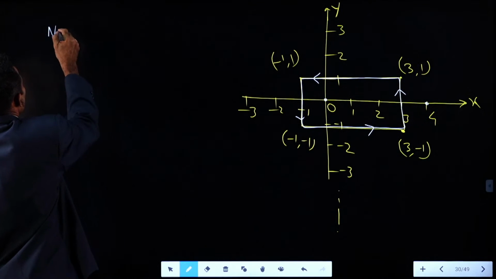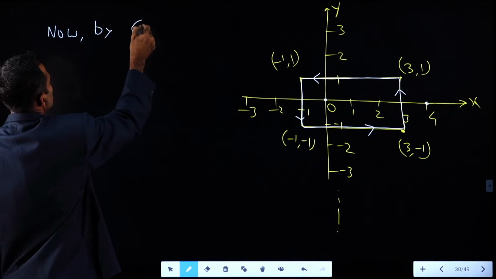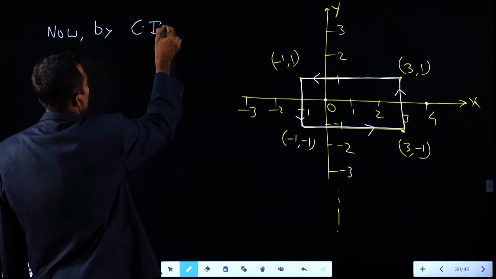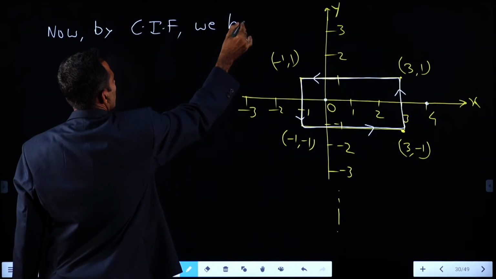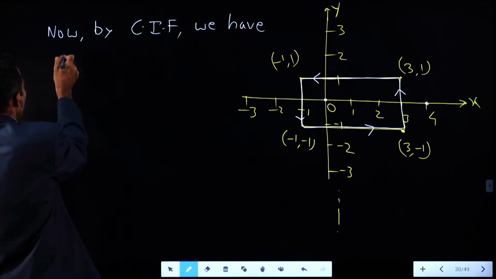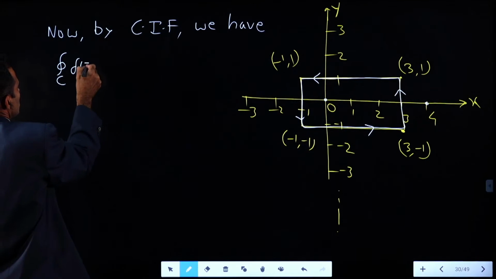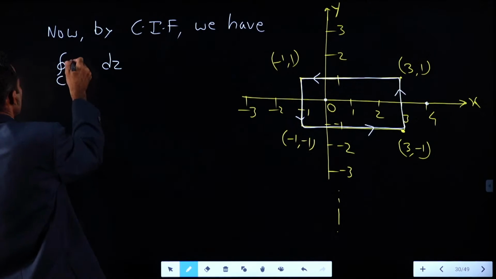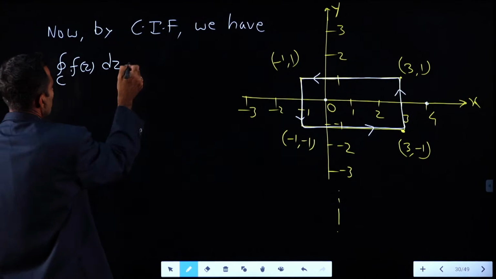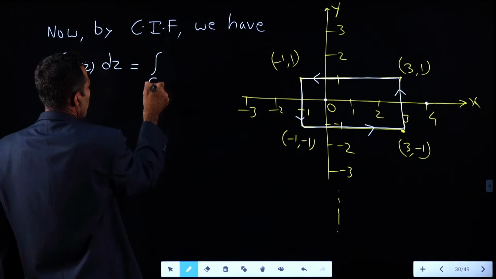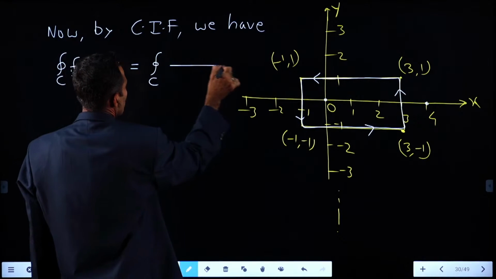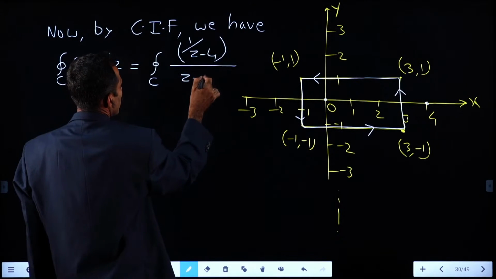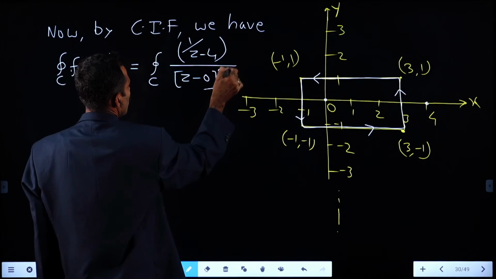Now, by Cauchy's integral formula, we have integral over C of f of z dz equal to integral over C, phi of z is 1 by z minus 4, in the denominator z minus 0 power 2, dz.